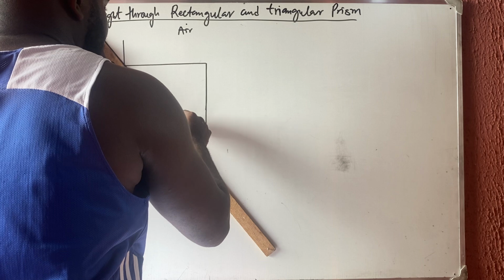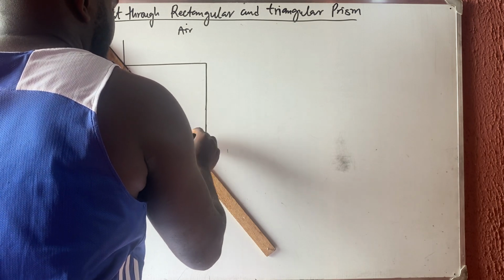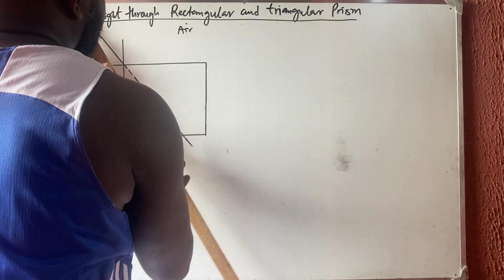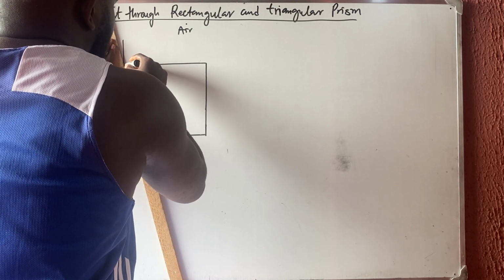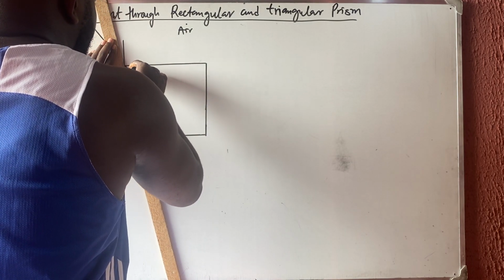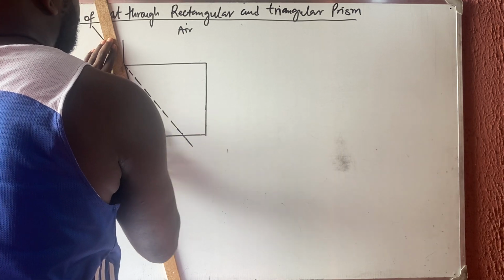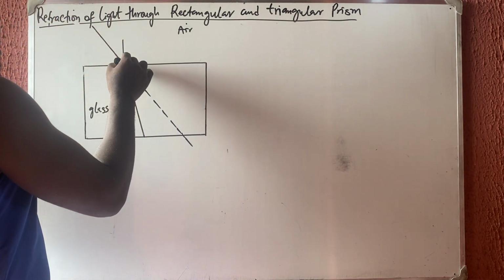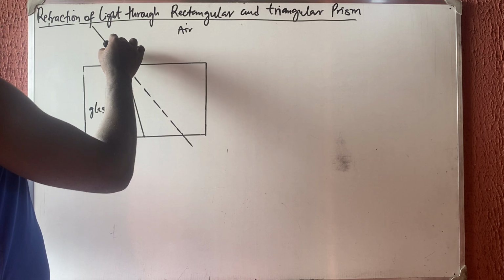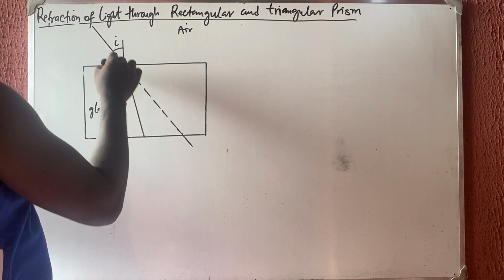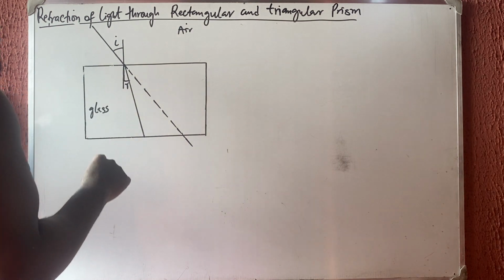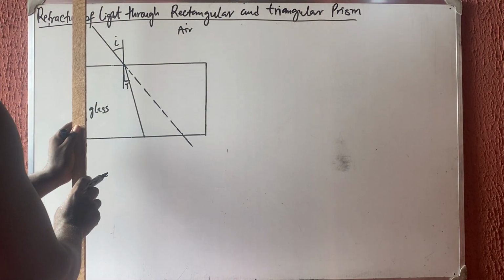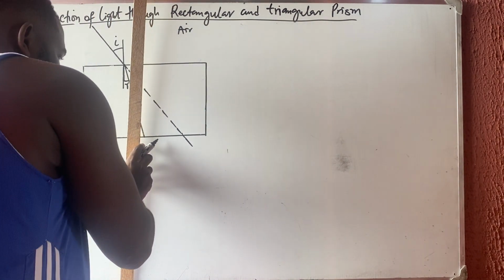But due to the glass, it will deflect, change position and move this way, closer to the normal. This angle of incidence will be greater than the angle of refraction.